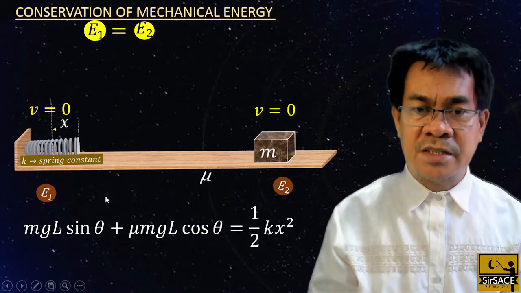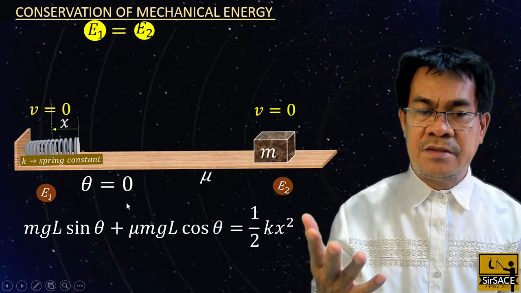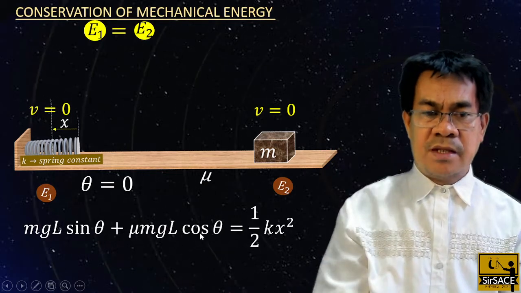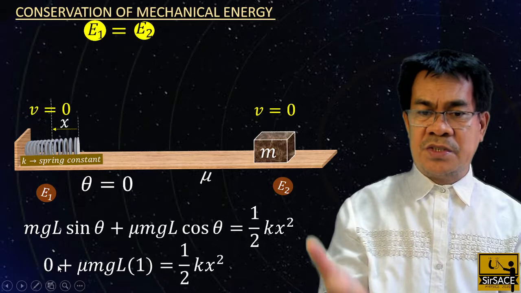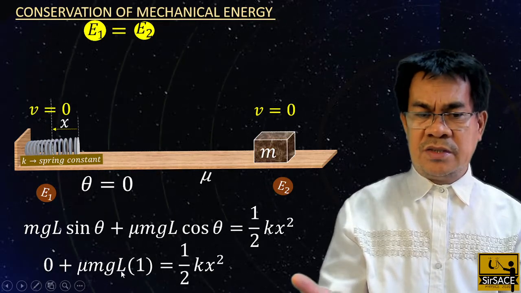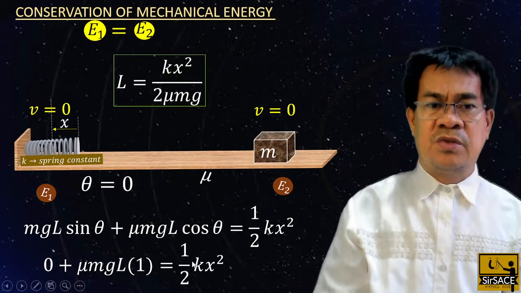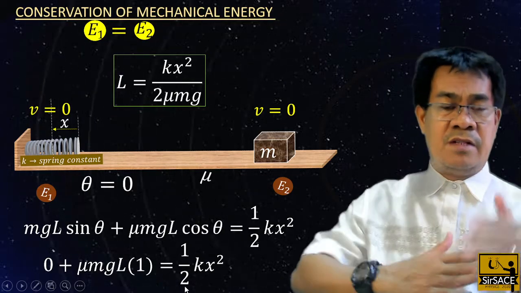Then this term becomes 0. Suppose we have the friction. Then the cosine of 0, remember, is 1. So we reduce this, and L is equal to kx squared over 2 mu mg. That's it. So we played around with the problem.